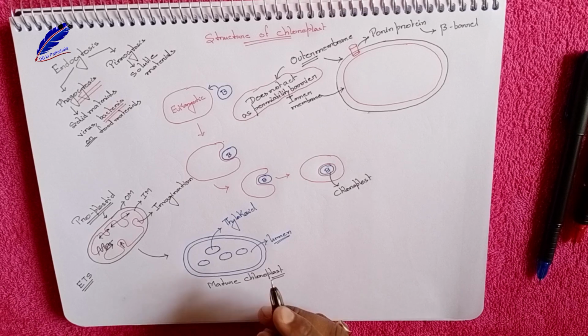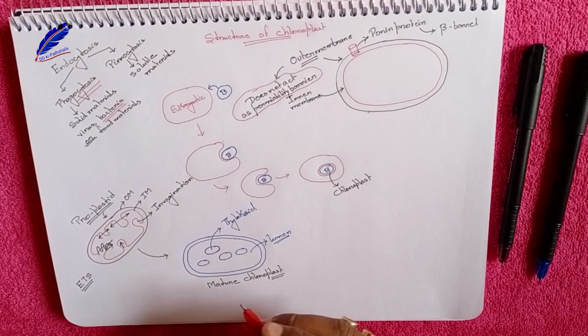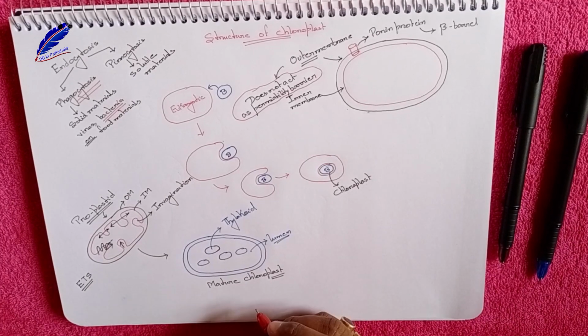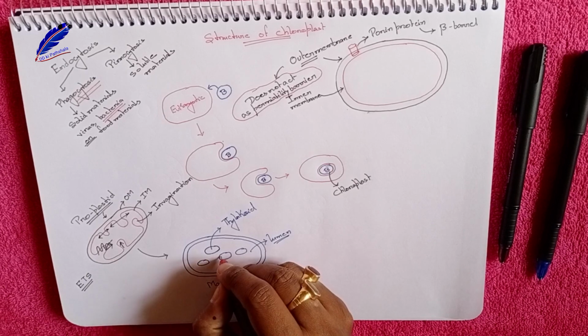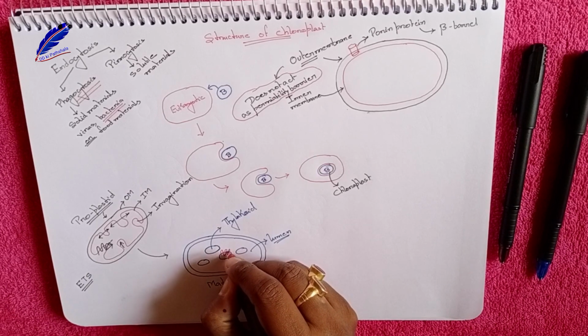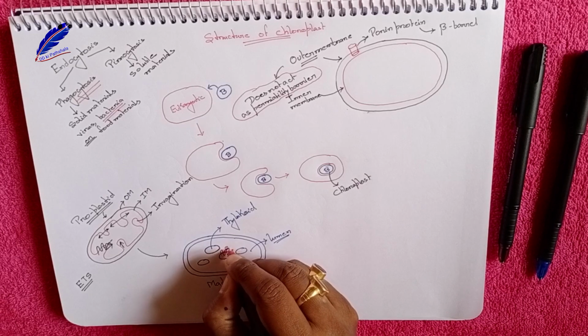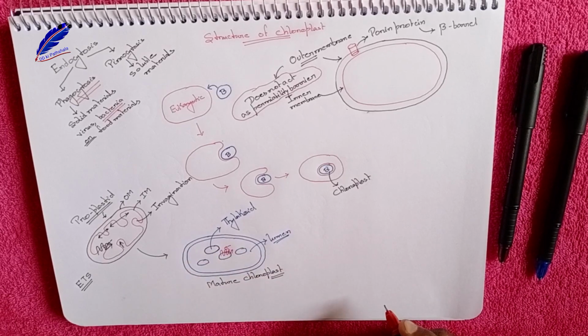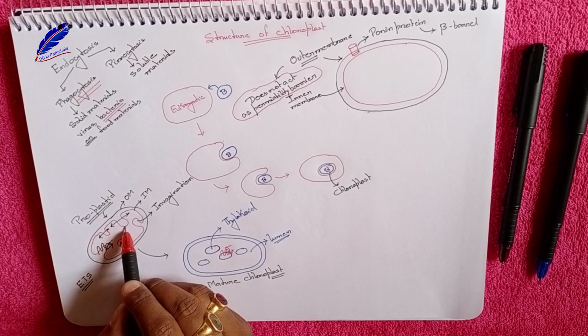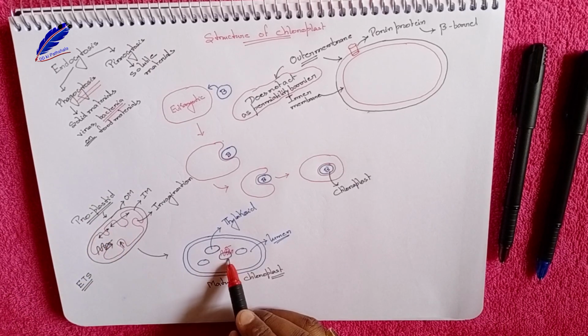So the electron transport chain in chloroplast will take place inside the thylakoid, because the cristae are ultimately the thylakoids.